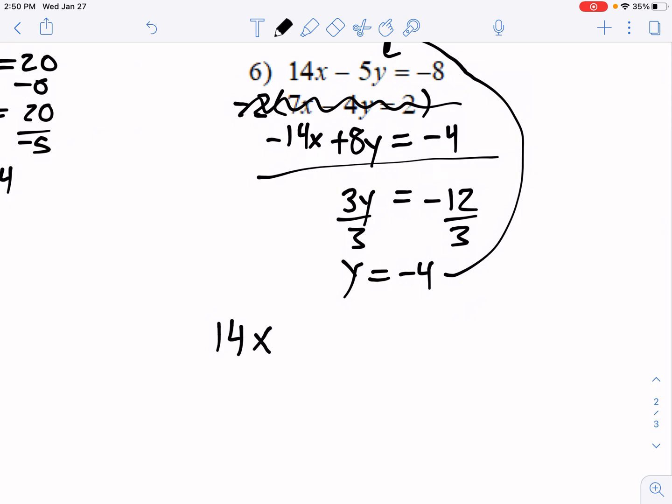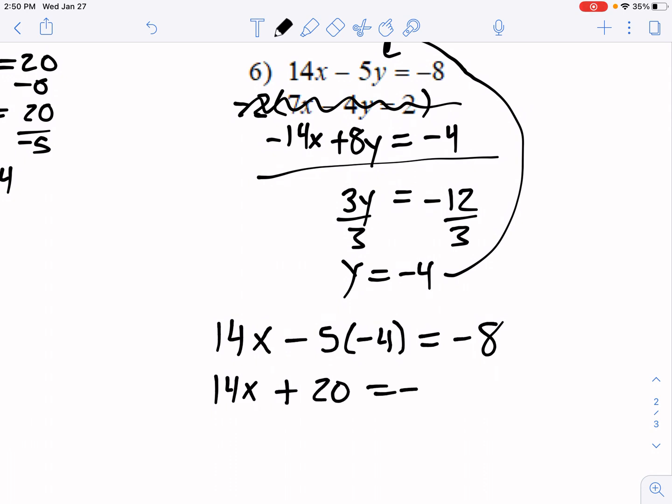So we have 14x minus 5 times a negative 4 for our y equals negative 8. Solving for this, a negative 5 and a negative 4 is going to give me a positive 20. Two-step equation, what do we do first? Subtract 20 over, and we get 14x is equal to, same sign, add and keep the sign, 20 and 8 make 28, and they're both negative.